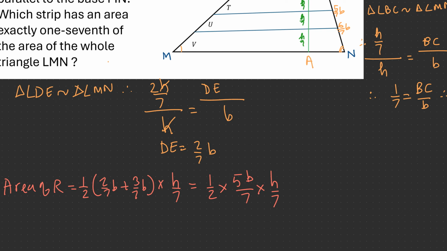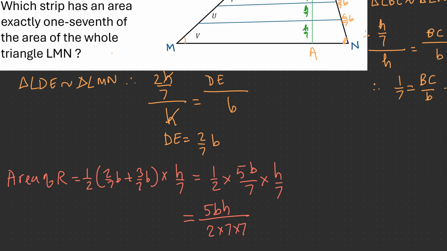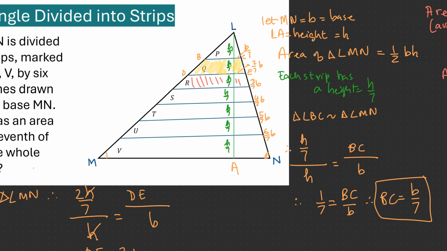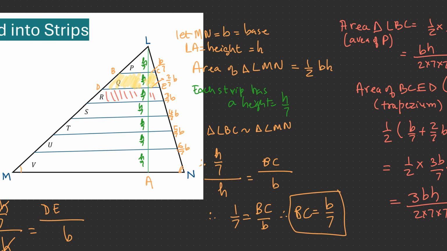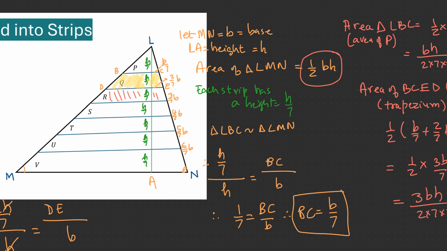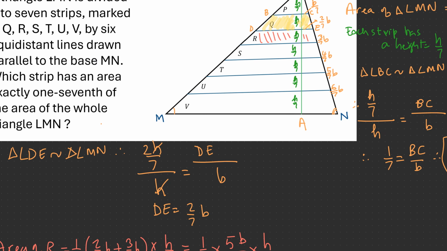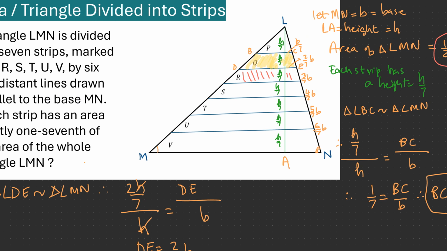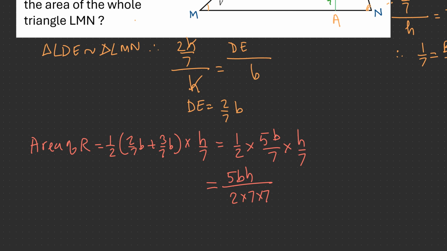So that is equal to 5BH over 2 times 7 times 7. So that is also not equal to 1/7 of the area. It's not yet equal to 1/7, isn't it? So we have done R. So let's look at S. Let's find the area of S.